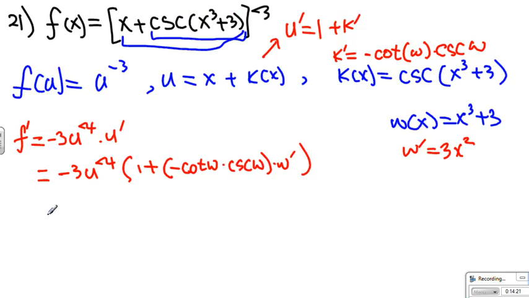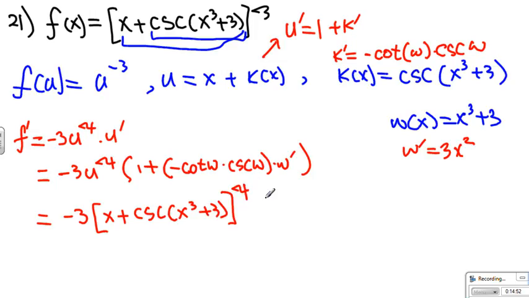Now, if you write down the expressions, here we get negative 3. U has the negative exponent, so it goes to the denominator, and u will be the things inside. So we have x plus cosecant of x cubed plus 3, to the negative 4th power.